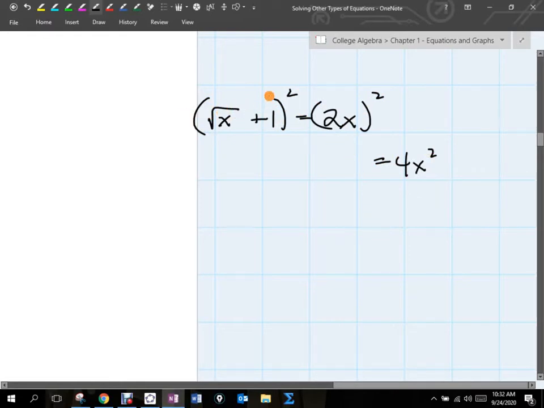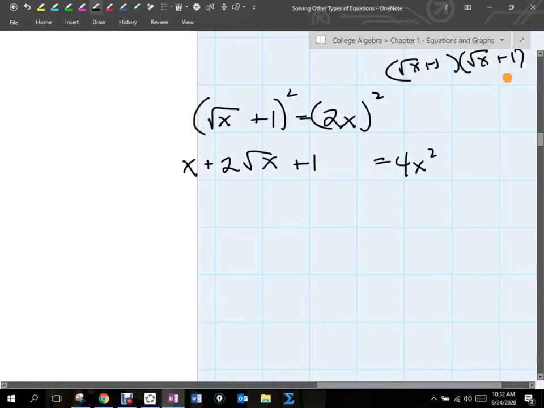And a lot of people, what do they write on the left-hand side when they square this? If they do it wrong, what do they usually write? X plus 1. But what should I have? Because root x plus 1 actually means root x plus 1. And if I square it, it's root x plus 1 again, right? And I need to FOIL that. And that generates that, right?